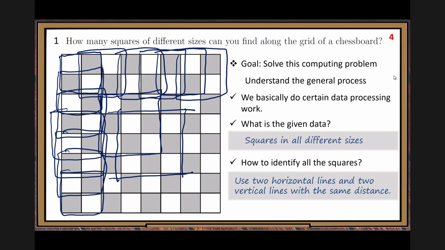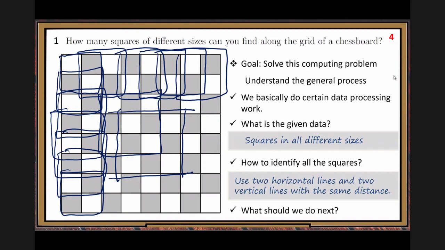Do experiments. After the experiments, we understand our data better. Do you feel you understand the data a little better after these 49 2 by 2 squares?